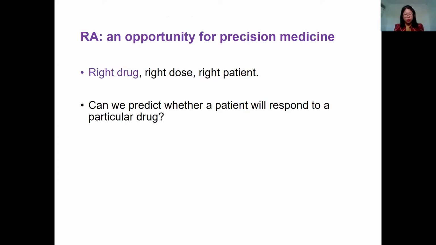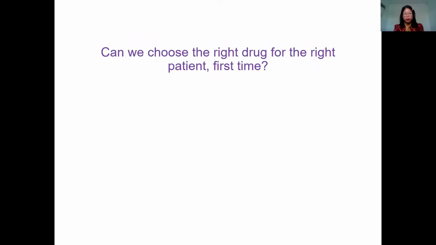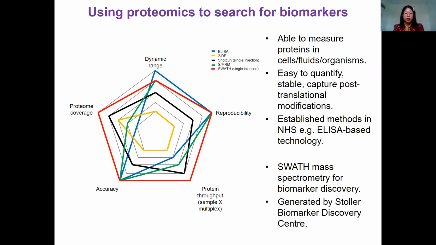I'm interested in predicting whether a patient will respond to a particular drug as well. And what I'm particularly interested in my work is finding biomarkers of treatment response. So I am using proteomic studies to do this. Proteins are a good starting point, especially big discovery proteomic studies, because they're easy to measure and they're stable.